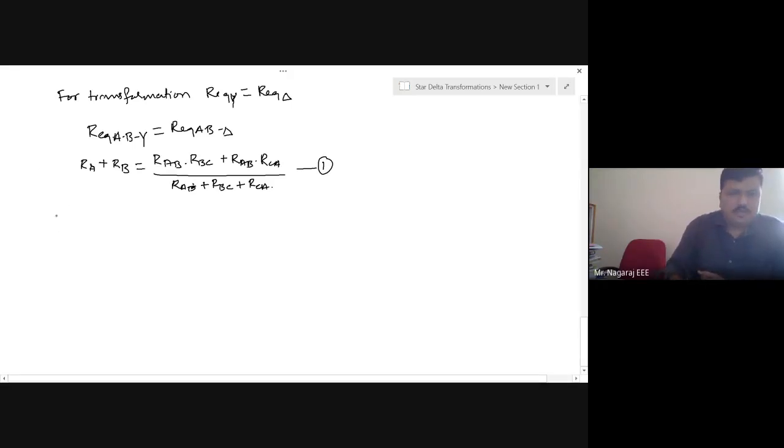Next, similarly, I can draw R equivalent between B and C, keeping the terminal A open.